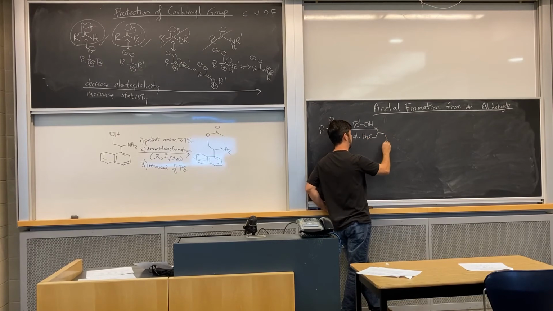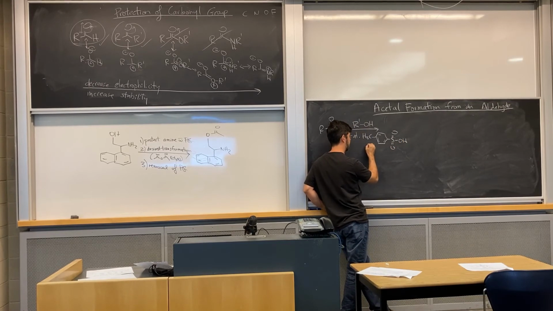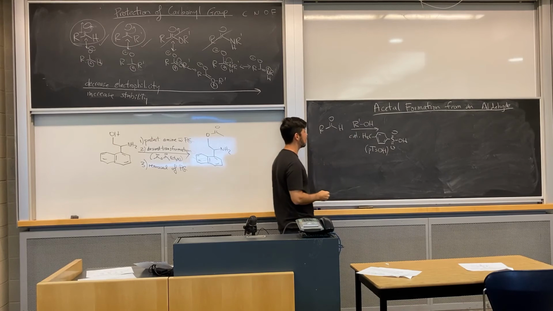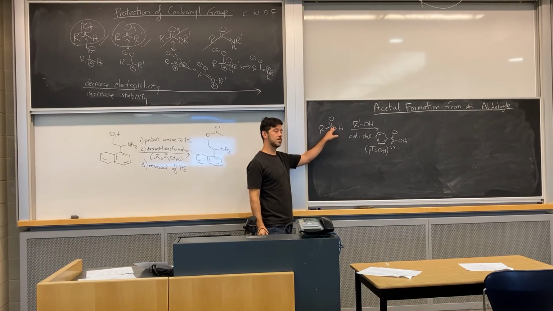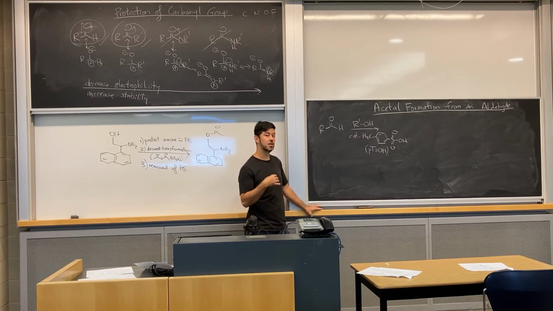Para-toluene sulfonic acid looks like this, and we often abbreviate it as TsOH. All right, so I've told you that these are inherently electrophilic compounds. However, in order for this reaction to proceed much faster and in very good yields, we need to add that catalytic acid to activate the aldehyde.